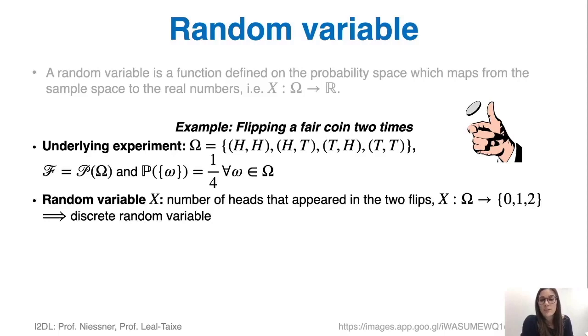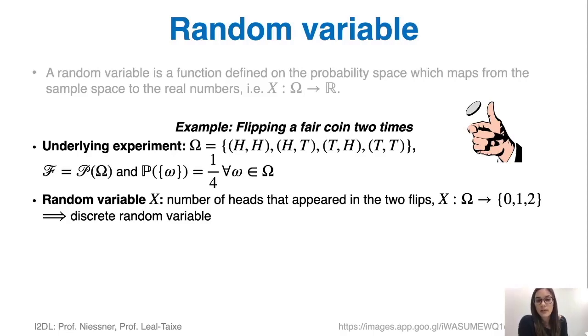Now we can define a more complex random variable. Here our X is now the number of heads that appeared in the 2 flips. So our X is again a function defined on our sample space omega into R, but now the outcome space only contains 3 elements, namely 0, 1 and 2.